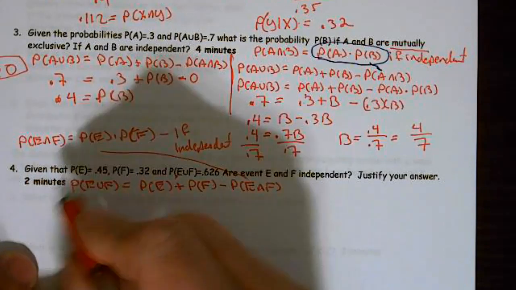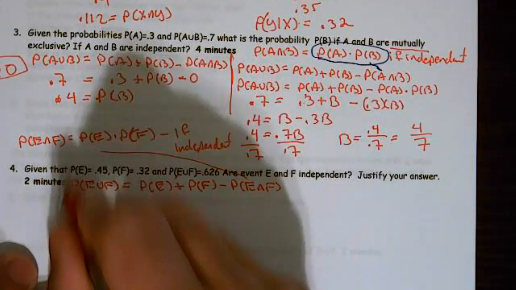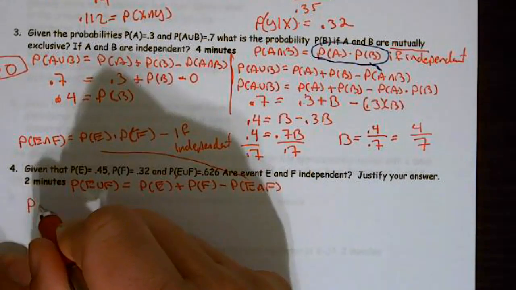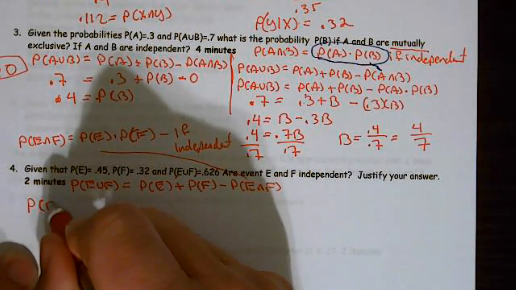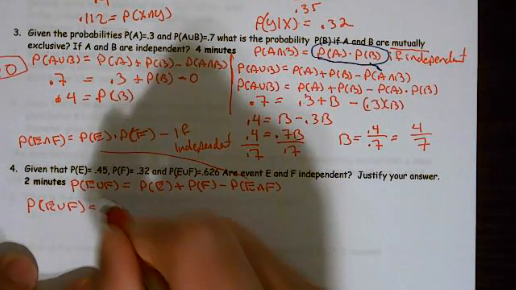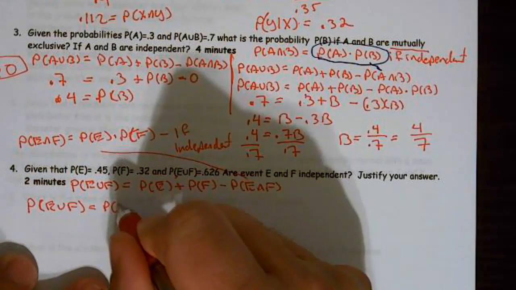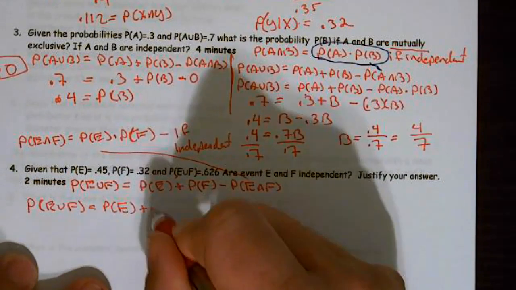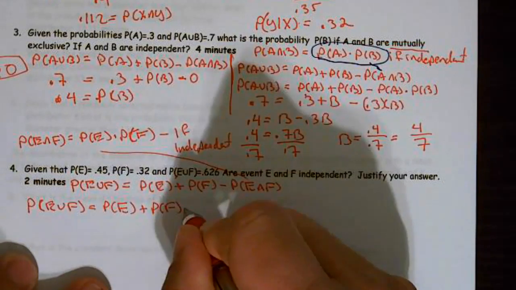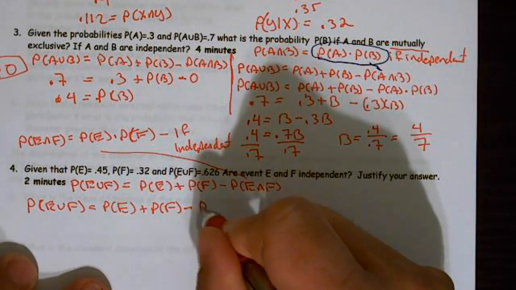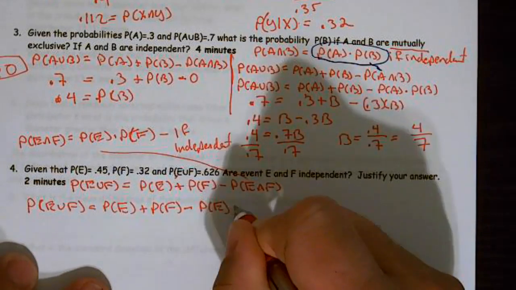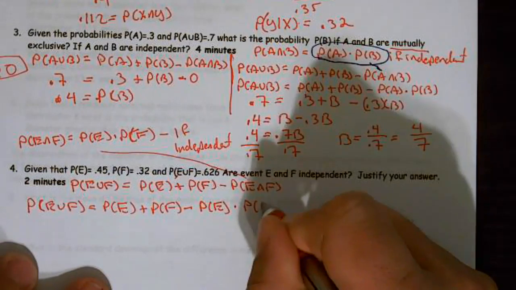So I'm going to go ahead and substitute that in, and I'm going to have the probability of E union F equals the probability of E plus the probability of F minus the probability of E times the probability of F.